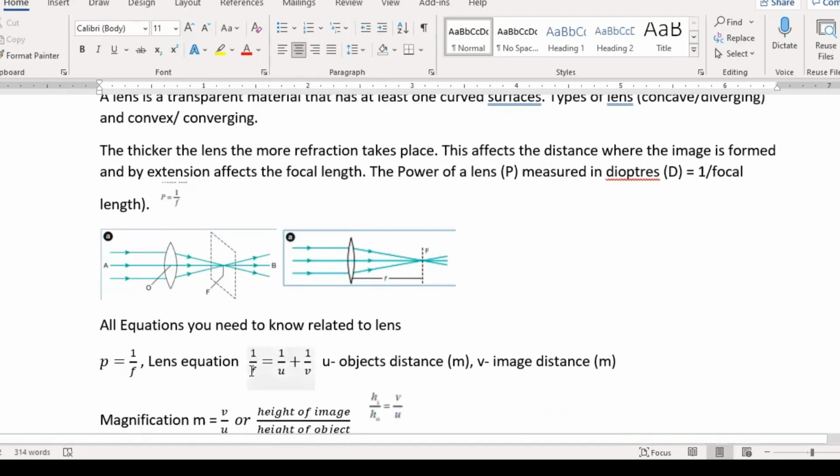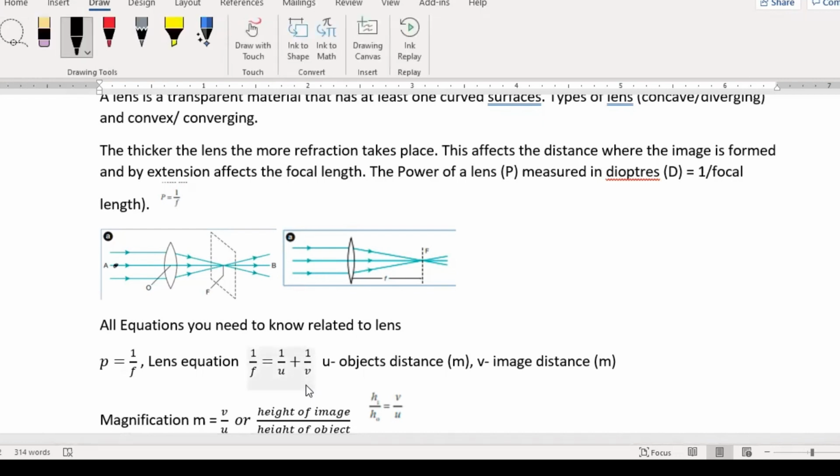Bear in mind the lens equation. This is possibly from your CSEC knowledge, but it still applies here. 1 upon F is equal to 1 upon U plus 1 upon V, where U is your object's distance. Generally speaking, the objects are always located on the left side, which is technically in front of the lens.